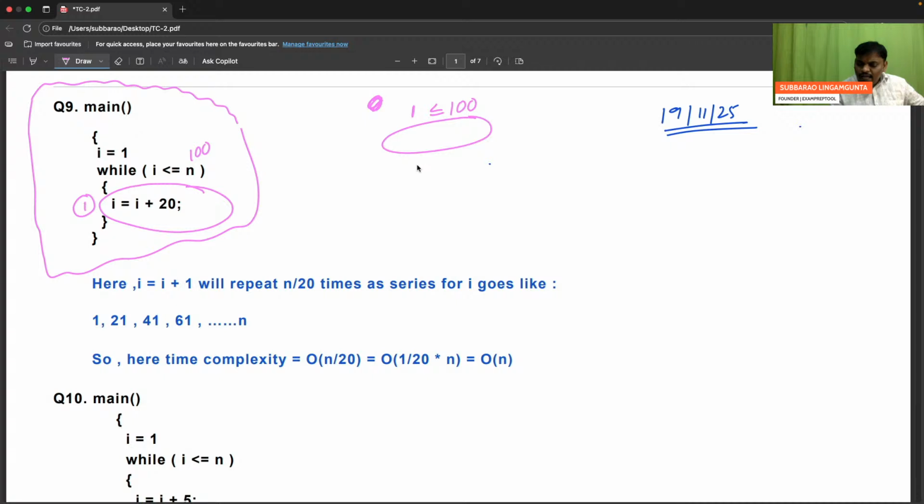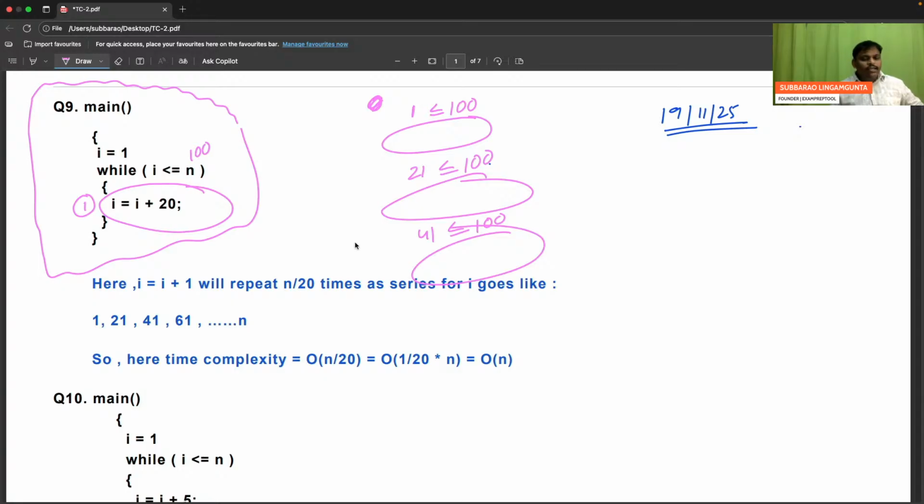Then I value becomes plus 20, so it became 21. 21 less than or equal to 100, that is also satisfied. Next, 21 plus 20 is 41. 41 less than or equal to 100, that is also satisfied. Don't panic.